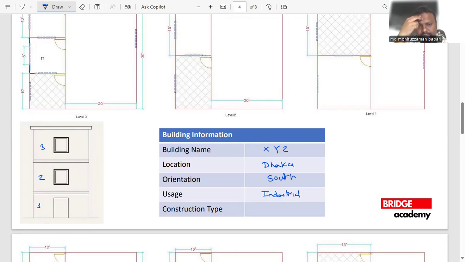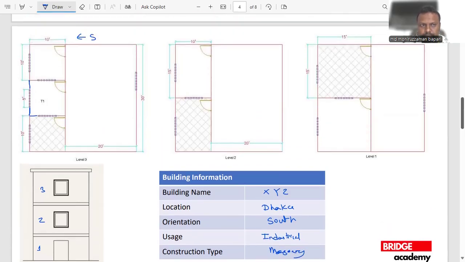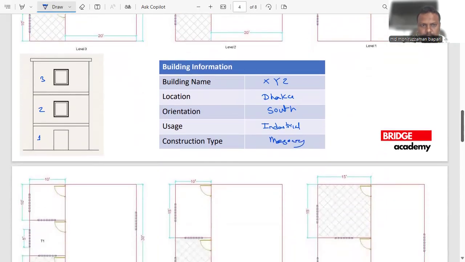So industrial building, if I discuss, it's a wide topic, allows me more chance to describe all the topics. That's why I have chosen industrial building. Construction type, masonry construction. So I write masonry construction. Okay. So basic information we have now.